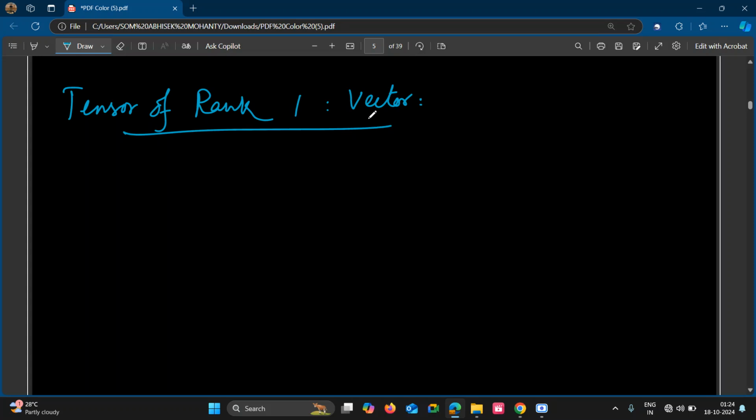Next is the tensor of rank 1, which, as you might guess, is called a vector. Rank 1 tensors are vectors, which are again of two types. First is the contravariant vector, and next is the covariant vector.